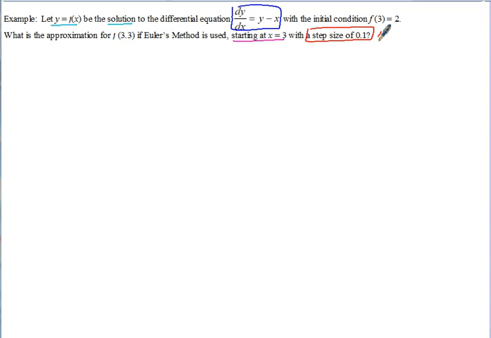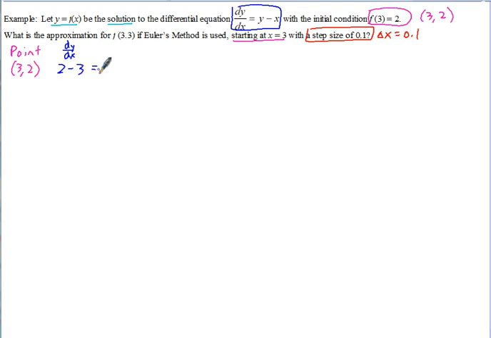This time they're telling you that delta x, the step size, is 0.1. So again, let's look at our starting point. The starting point they give you, starting at x equals 3, is right here: 3, 2. And then you want to find the slope at that point, so dy/dx, the derivative, is y minus x, so that'd be y is 2 minus x is 3.